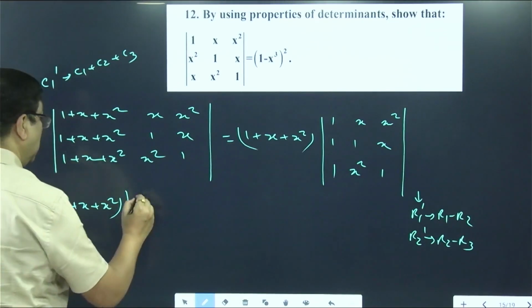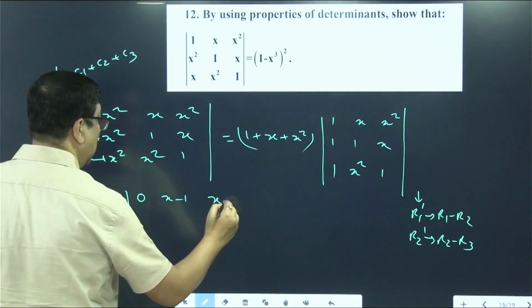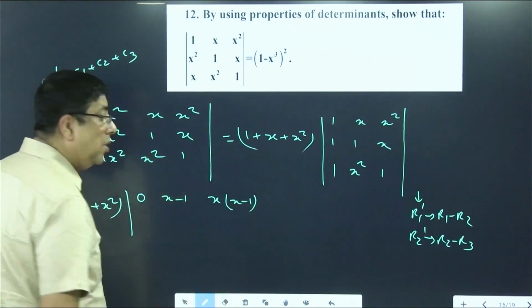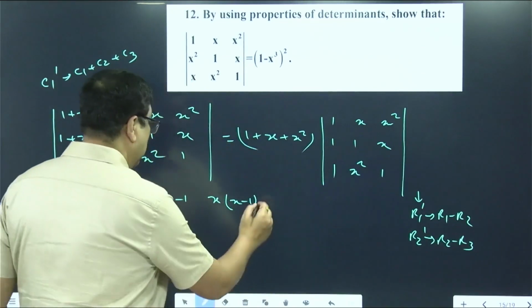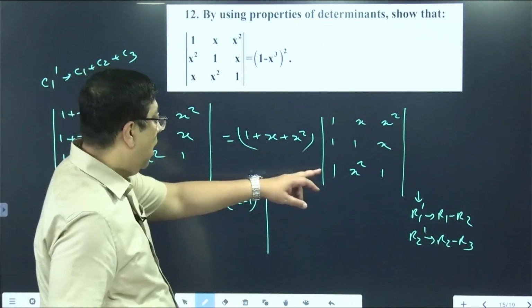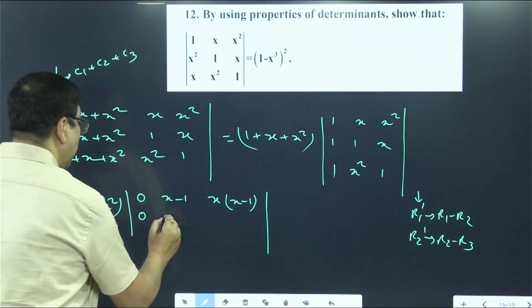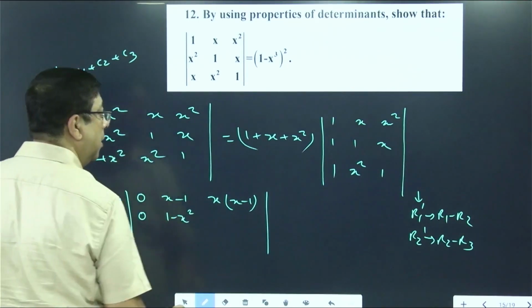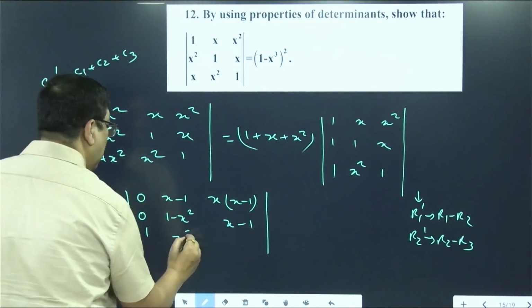So 1 minus 1 is 0, x minus 1, and x into x minus 1. Actually x square minus x, I am writing x into x minus 1. Next, R2: 1 minus 1 is 0, 1 minus x square, x minus 1, and for the third row, 1 x square 1.